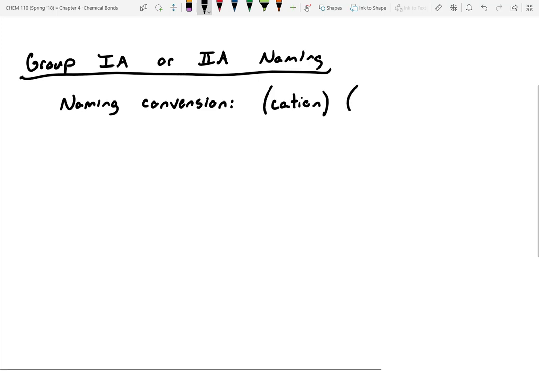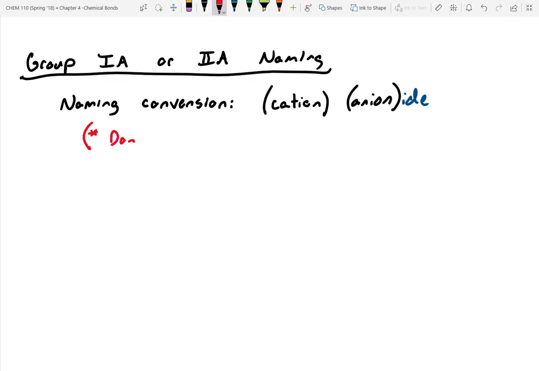And then you follow it with your anion with an IDE suffix. Does that make sense? All right. The main thing to note is you don't use prefixes. All you do is have your cation, your anion, and then an IDE suffix.